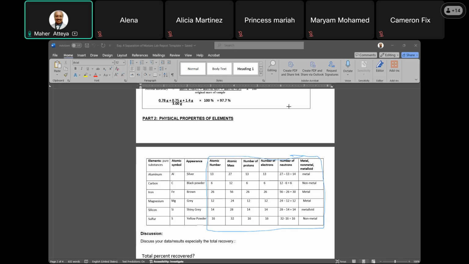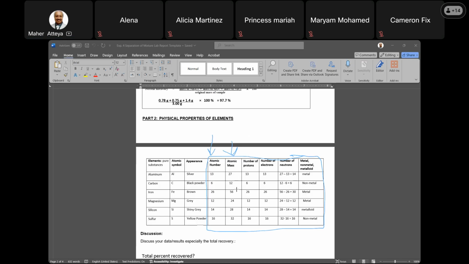You have to look up in the periodic table, for each element, 2 pieces of information: atomic number and mass number. This is the atomic number, and this is the mass number.